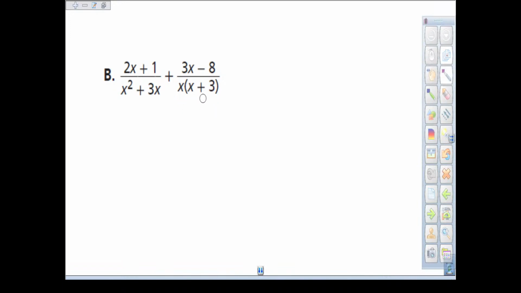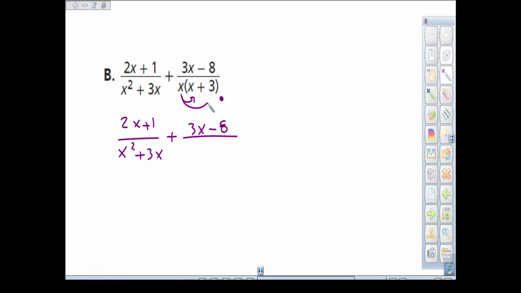So I'm going to multiply it out. I've got 2x plus 1 divided by x squared plus 3x, plus, top stays the same, 3x minus 8 divided by, and this guy I'm going to actually multiply.